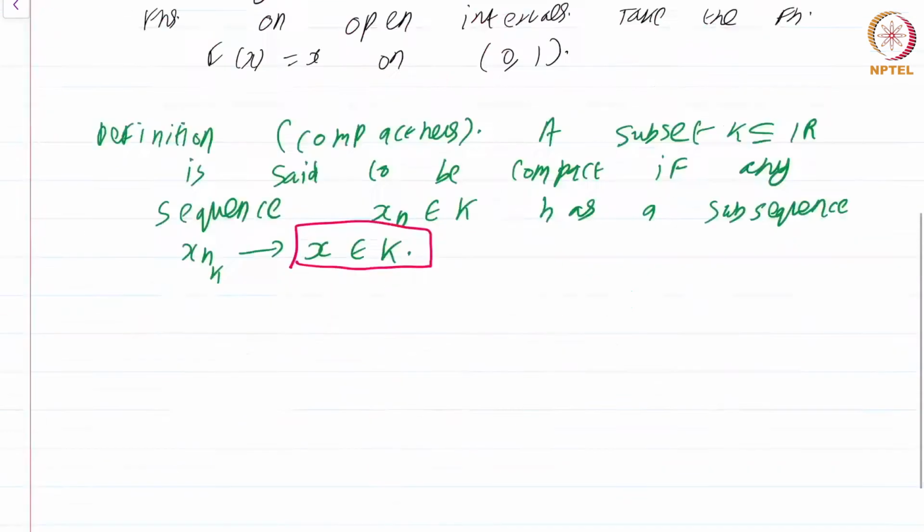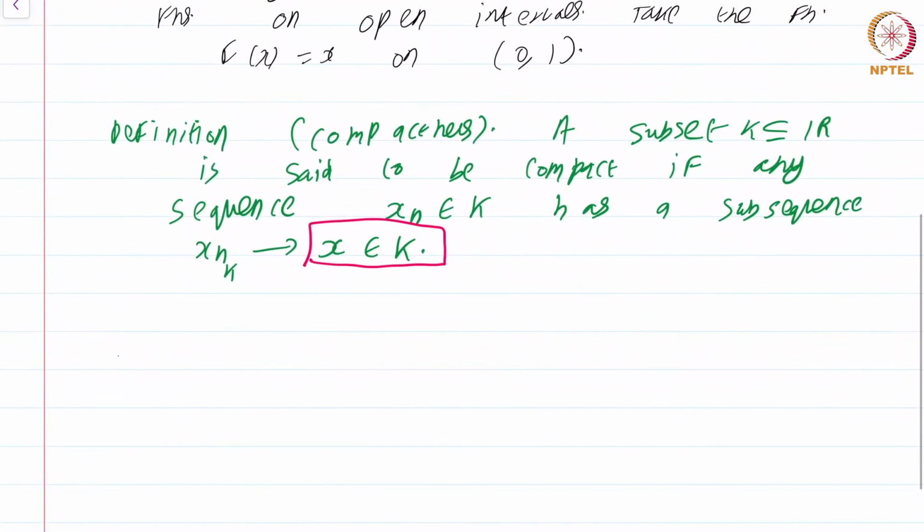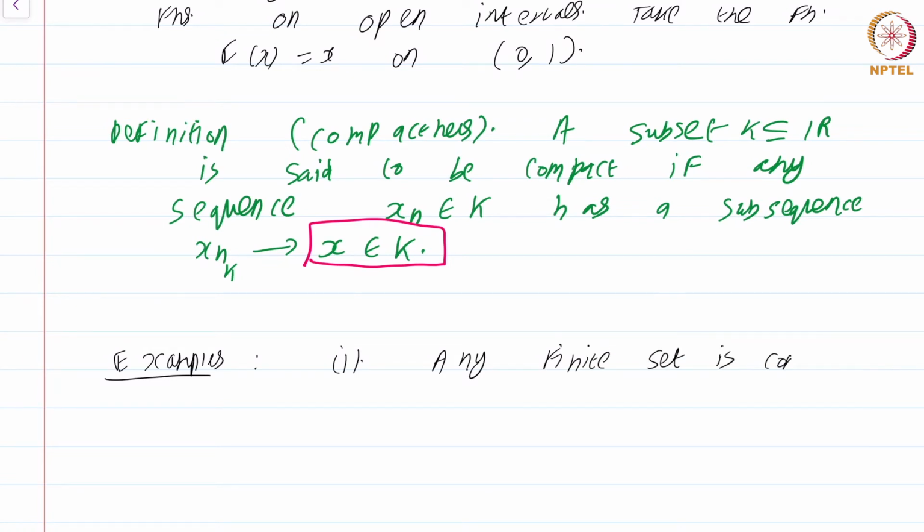Immediately we should see a few examples. Example 1. Any finite set is compact. I will just verbally give the argument instead of writing it because it's a fairly straightforward argument.